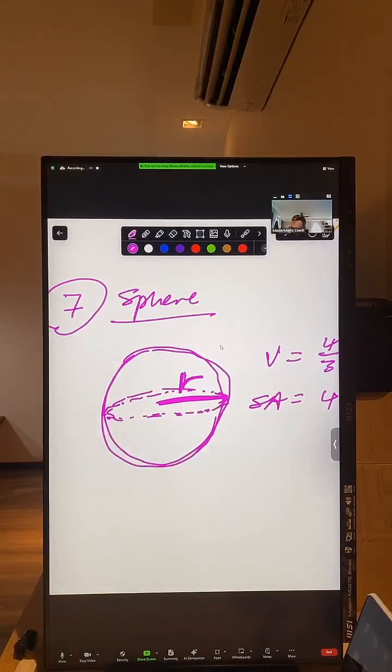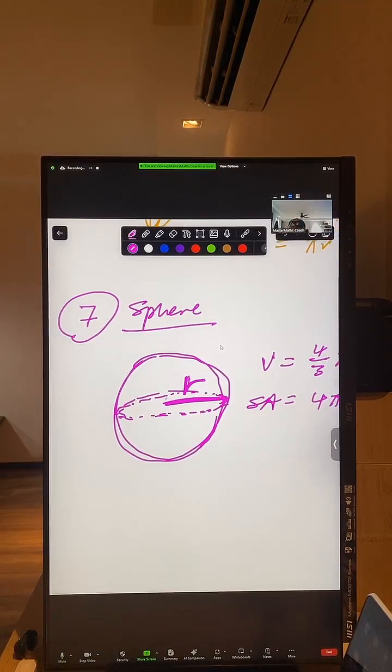Can you all see that? That's the radius. Don't forget, from the center to the top of the sphere, that is also the radius. Some people get confused. The radius can be here, here, here. All these lines that I've drawn for you are all the radius.